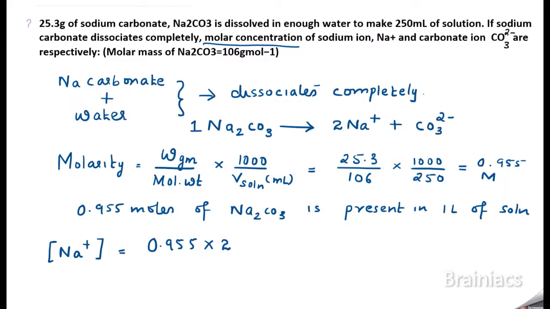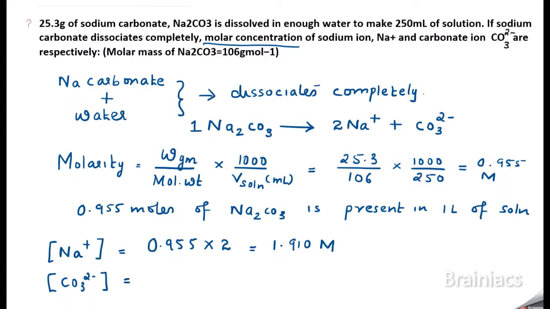If Na2CO3 on dissociation gave only 1 Na+, we know that 0.955 into 1 would come. So here it is 0.955 into 2, and that answer will come around 1.910 molar.